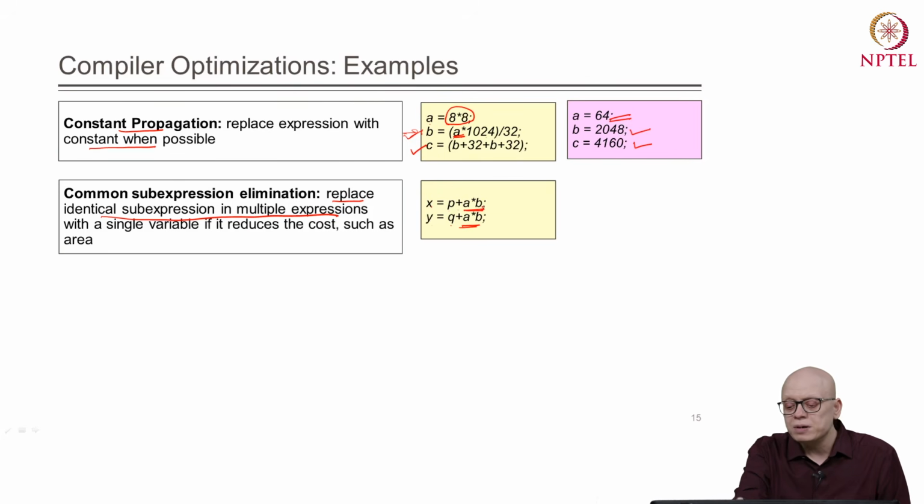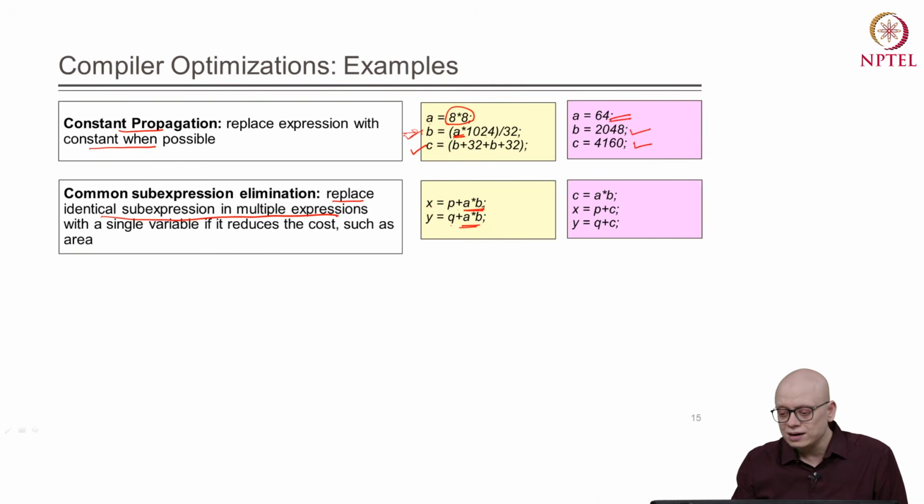So, a multiplied by b is a common sub-expression, and therefore we can write C is equal to A star B, and then we use C in the expressions x and y. If we do this transformation, then instead of 2 multipliers which were required earlier, we will require only 1 multiplier and will be able to save area.